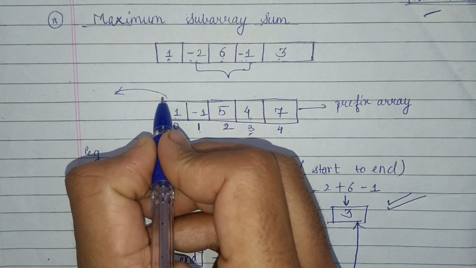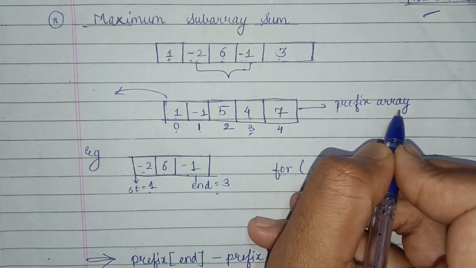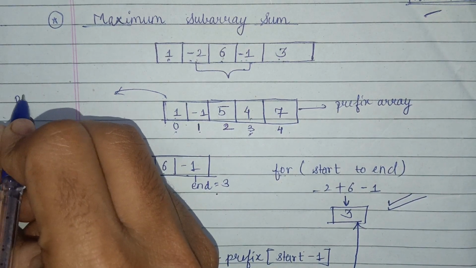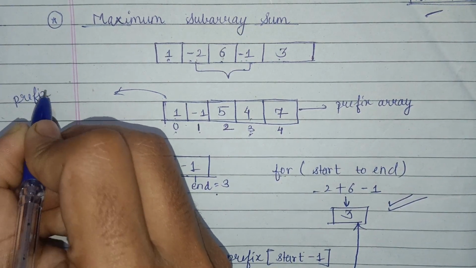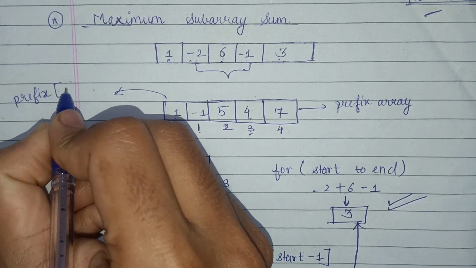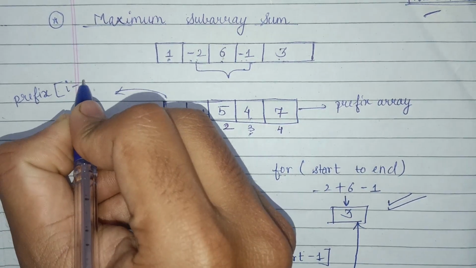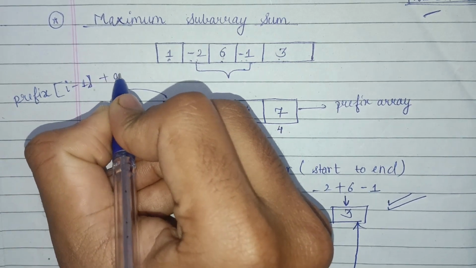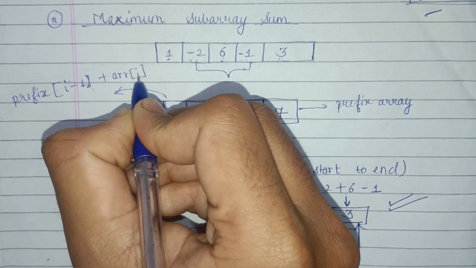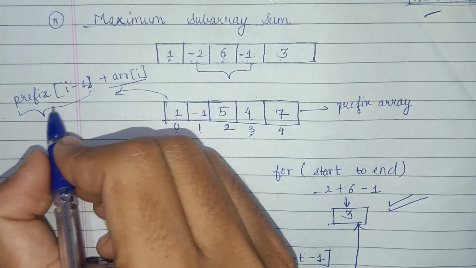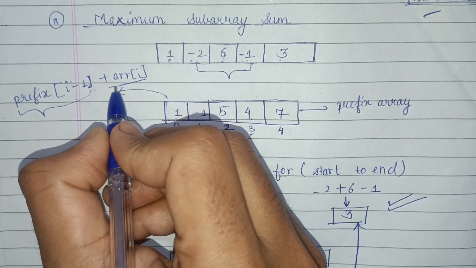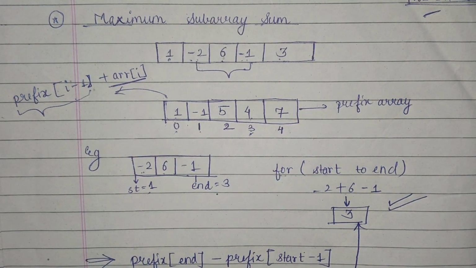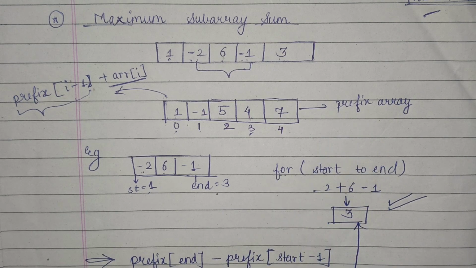The formula to find the prefix array is prefix of I minus 1 plus the current array element, array of I. It takes the previous prefix sum and just adds the current element. This way we can calculate our prefix array.